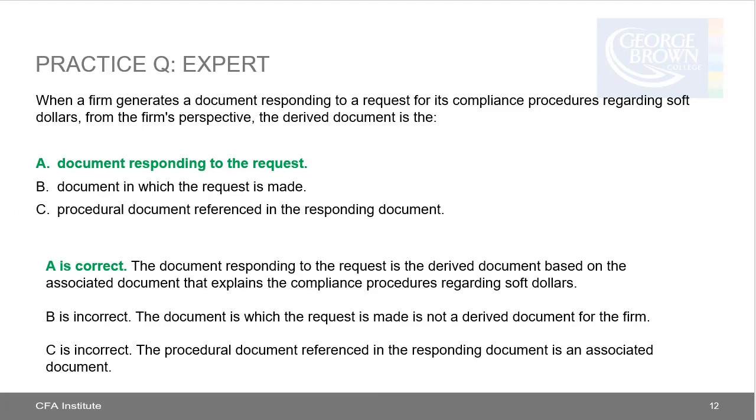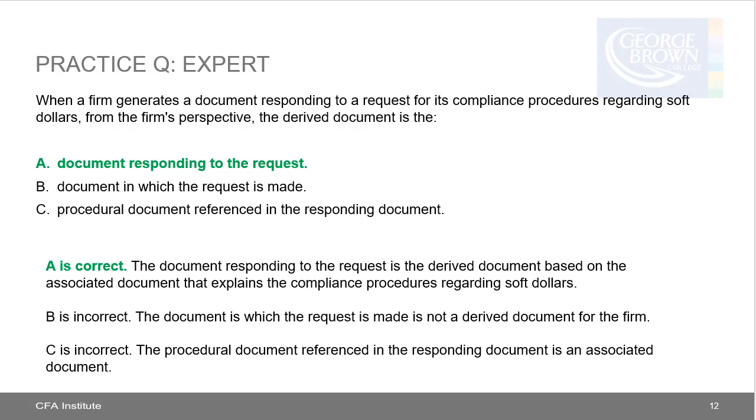So you can see this is very much an English language test subject, documentation. And A is correct. The derived document is the document responding to the request. It is derived based on the associated document that explains the compliance procedures regarding soft dollars.